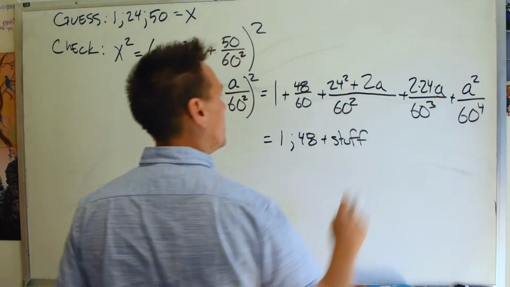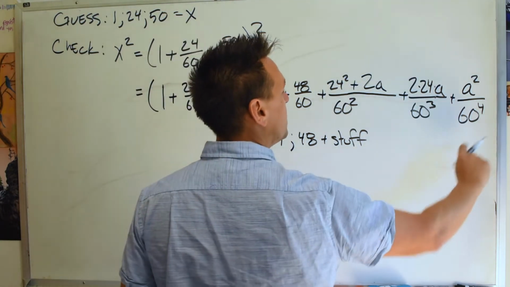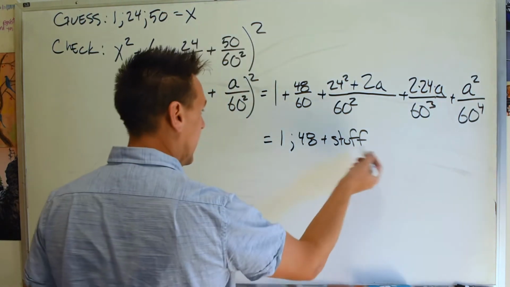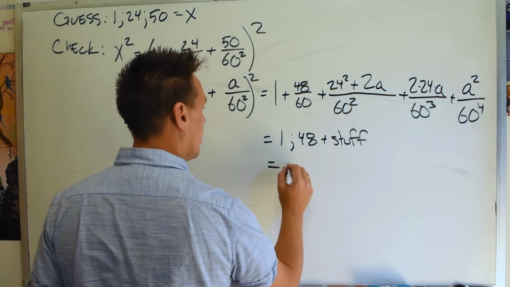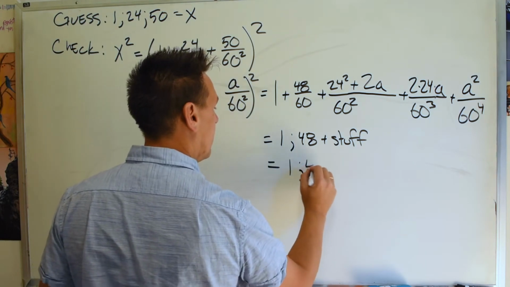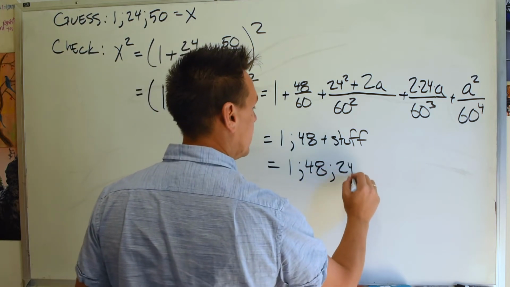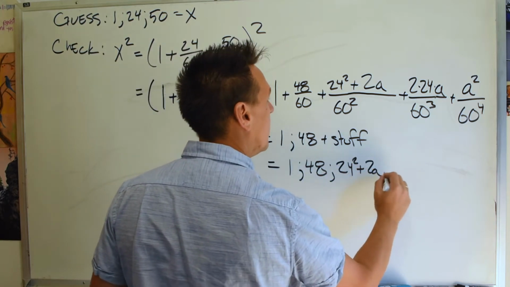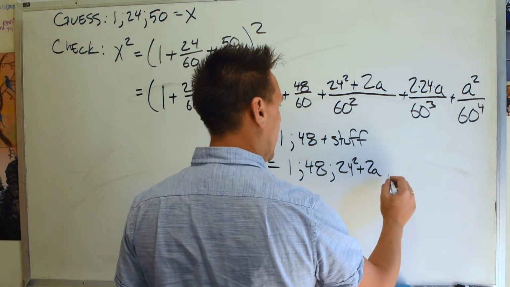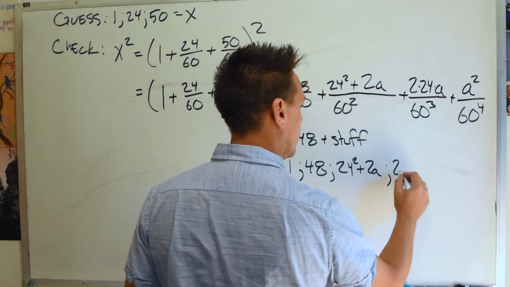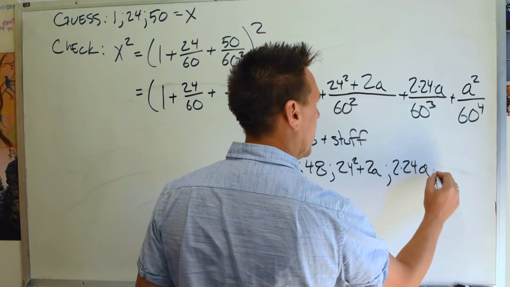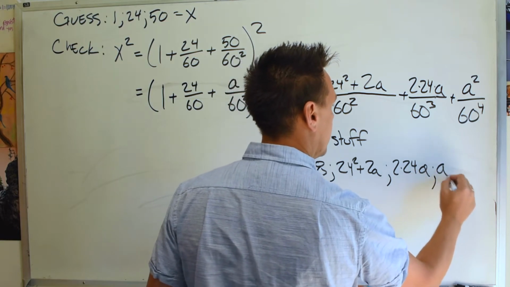So this is the 60 squareds place, this is the 60 cubes place, this is the 60 to the 4th place. And if I actually wanted to write out literally what this number is, I can write 148 in sexagesimal, 24 squared plus 2a, and then 2 times 24 times a, and then a squared.